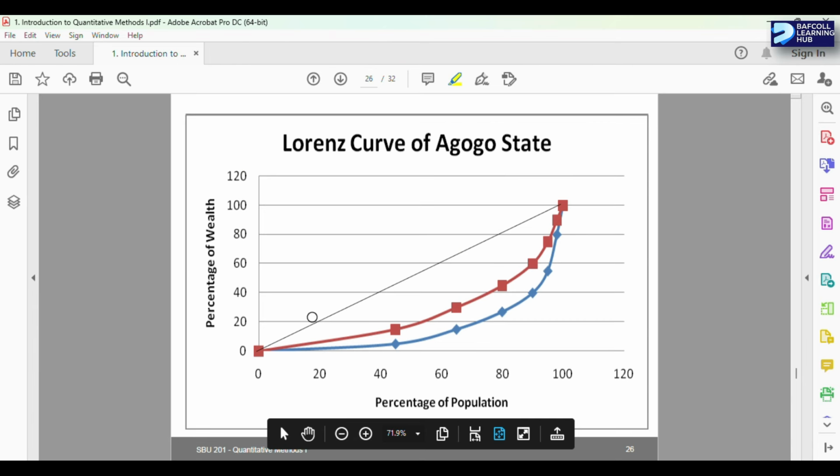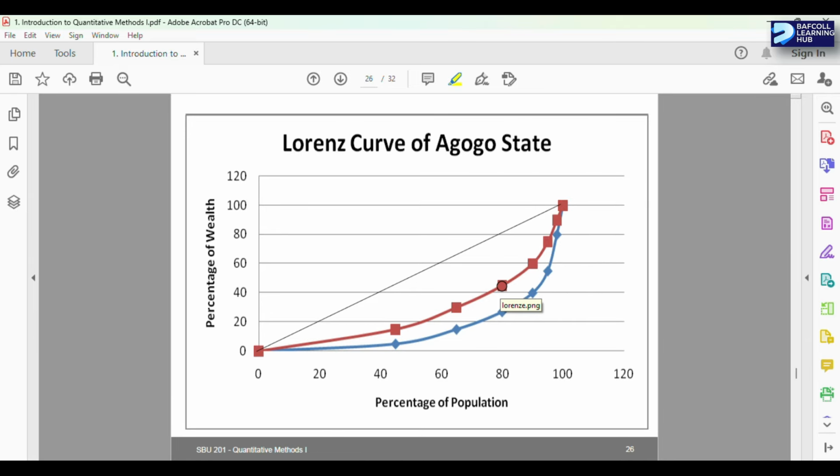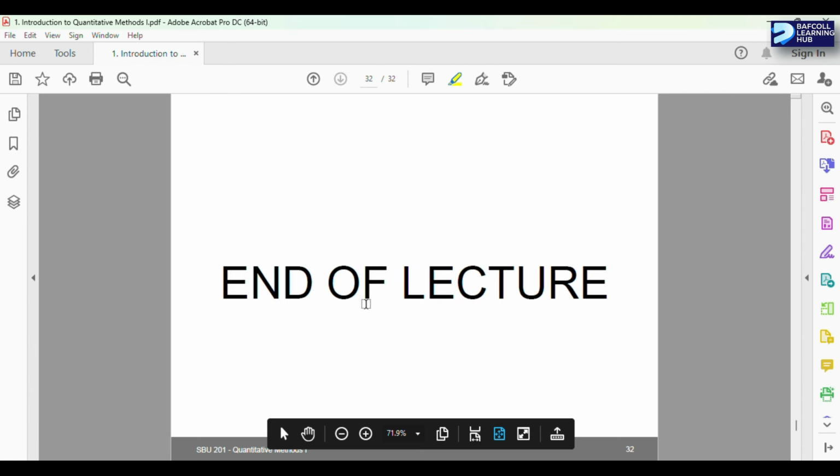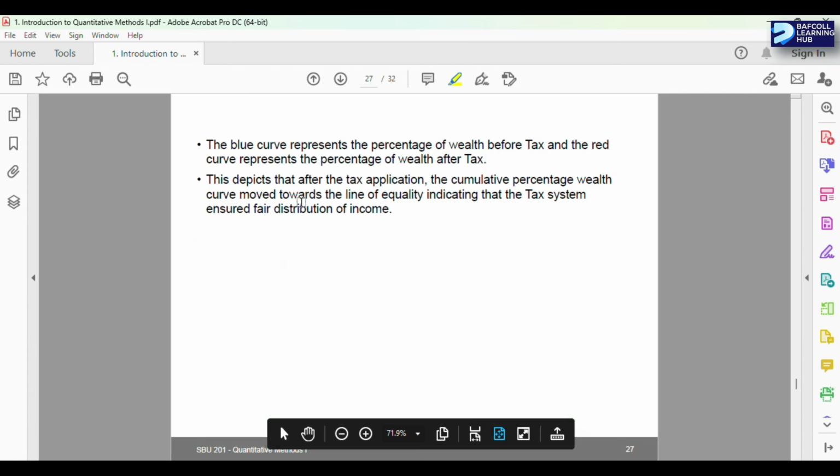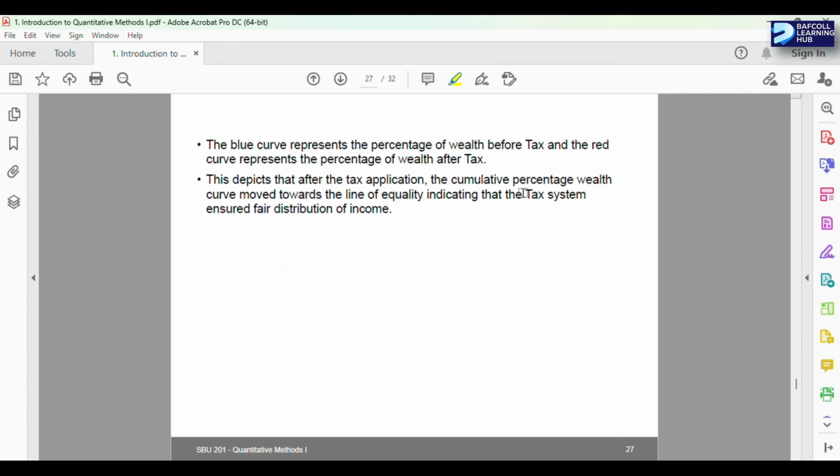If you look at this, from the origin to the peak, you can see that the blue one is the percentage of wealth before tax, and this is after tax. So you can see that while the tax system was applied, the wealth distribution moved towards the line of equity, as stated over here, indicating that the tax system ensures a fair distribution.